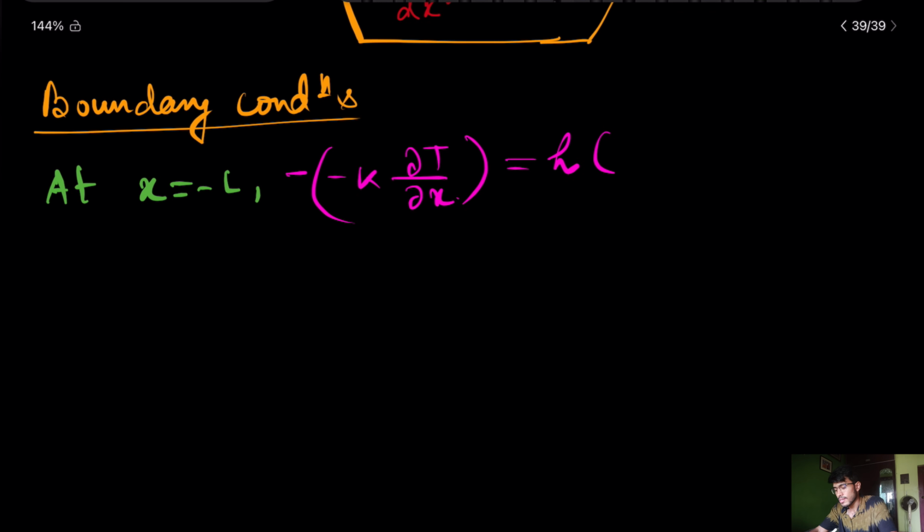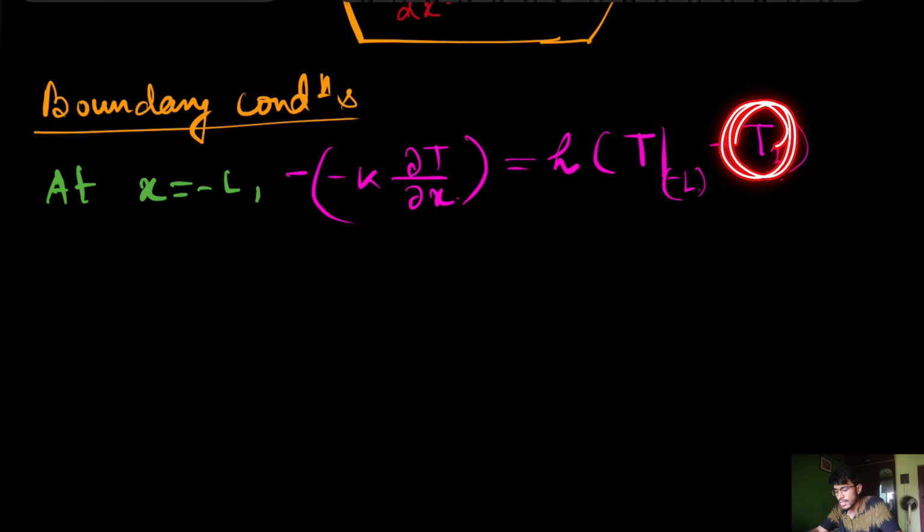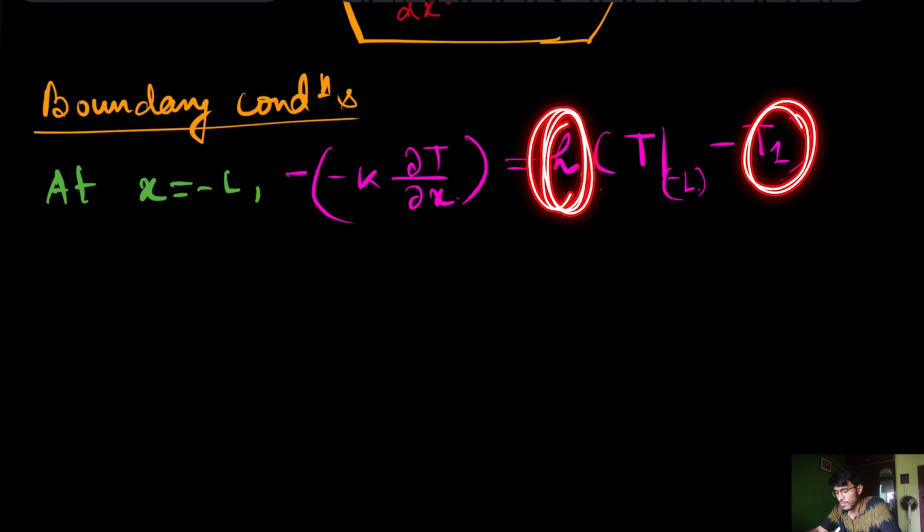Keeping that in mind, here I will write T at x equal to minus L, or for simplicity of writing, T at minus L, minus T1. So mind it that this was given as H1, and this is also given.